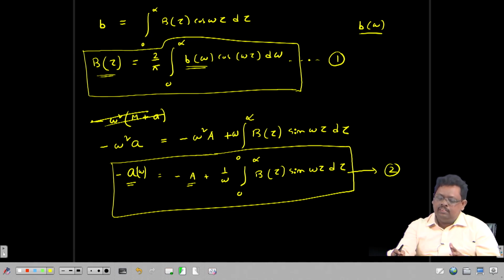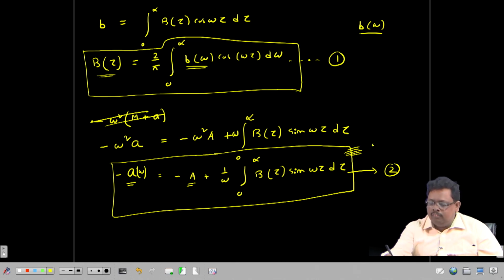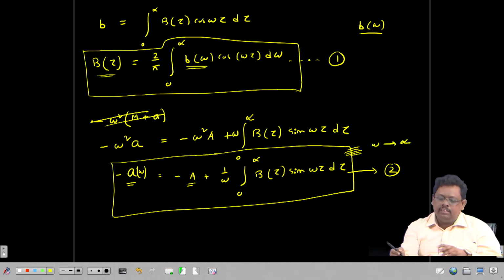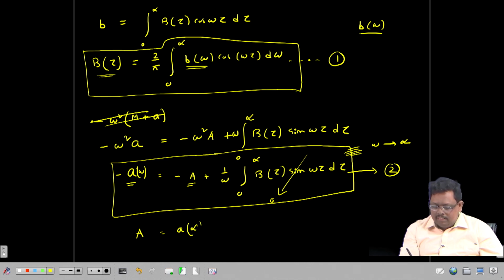This equation is valid for all frequencies. So, when omega tends to infinity, the equation still holds very well. If you put omega tending to infinity, this second term goes to 0 and you find that A is nothing but A infinity.